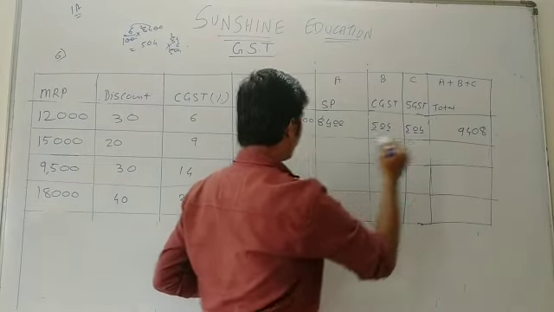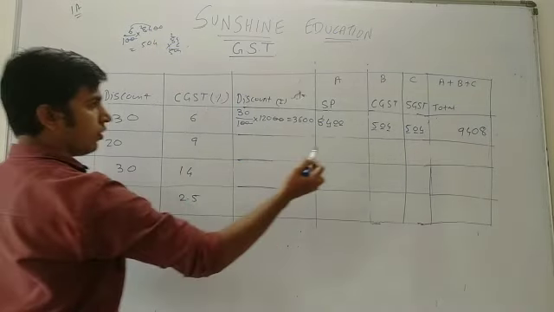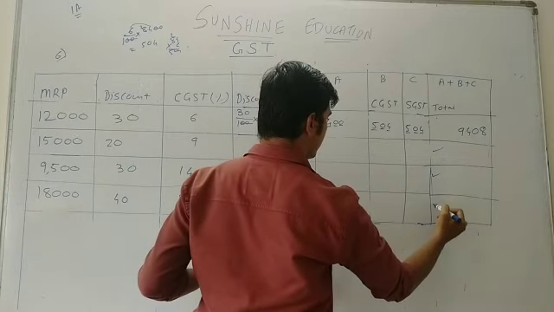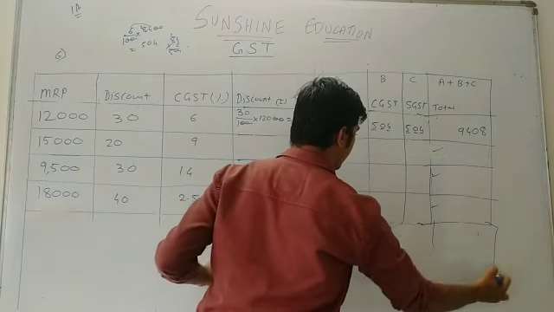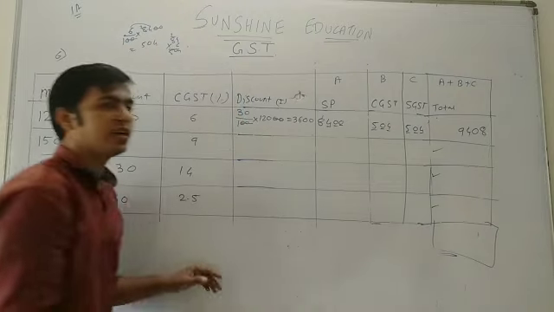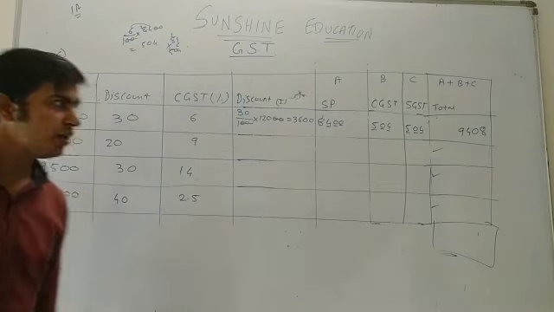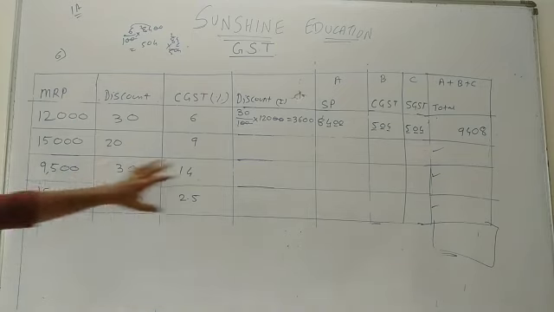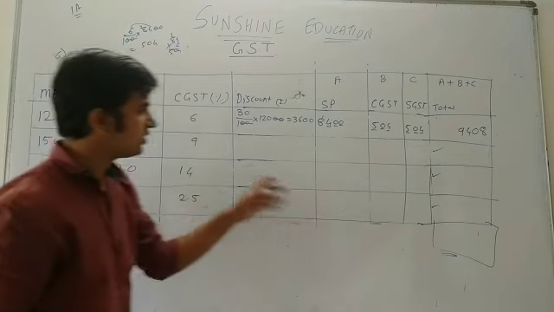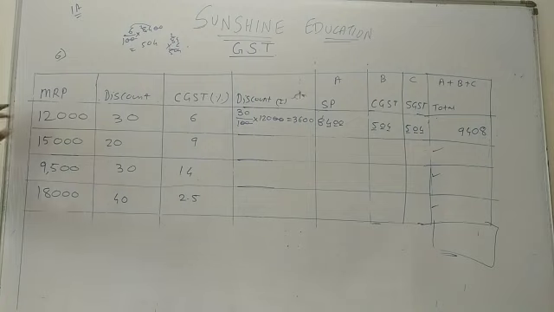So we can find out all the values like this one, this one, this one, and we can get the total amount of the bill directly. No need to add anything because we have already added the taxes. So this was the sixth sum. Please fill in all the boxes. It is just the calculation. I hope you understood the first part.